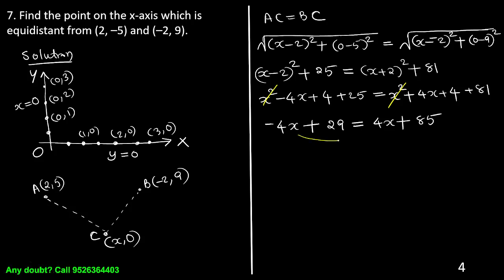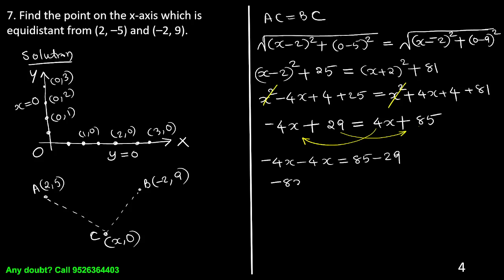This minus 4x to be taken to the other side or 4x to be taken to the left hand side. You can decide. 4x is taken to the left hand side and 29 to the right hand side. So minus 4x minus 4x you will get. Minus 8x is equal to, right side will be 85 minus 29. Just I have done the rearrangement.